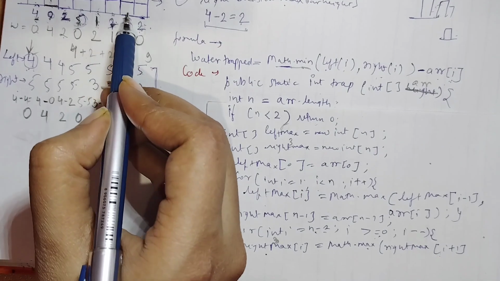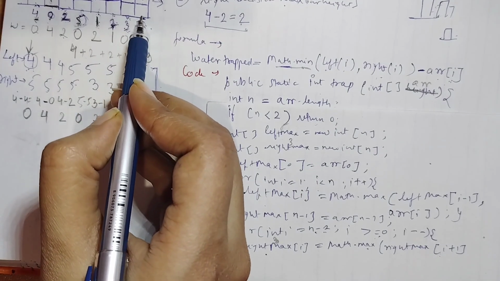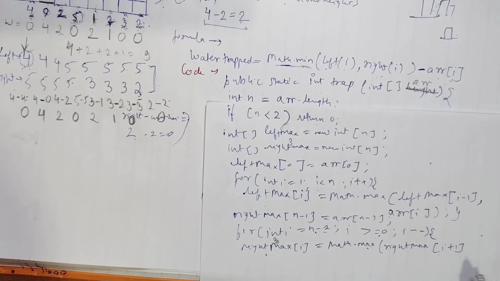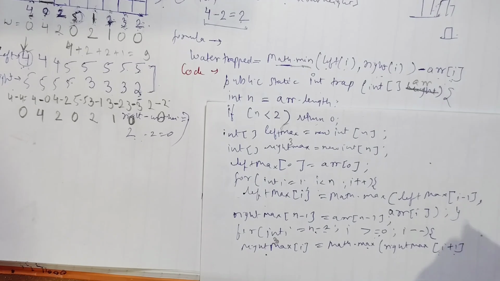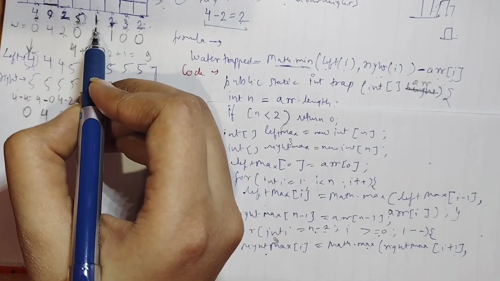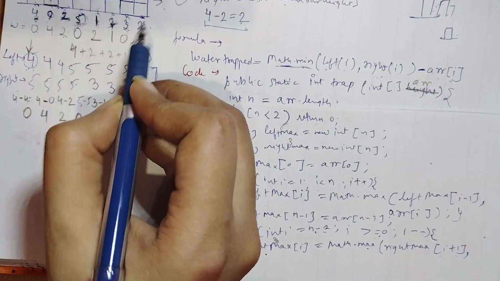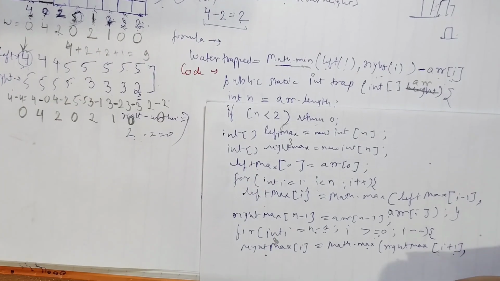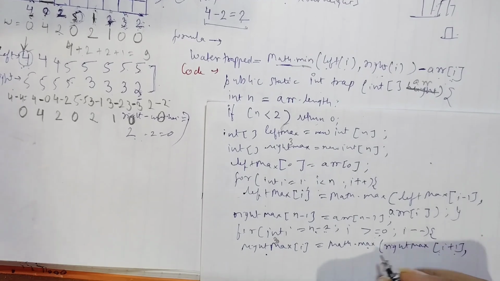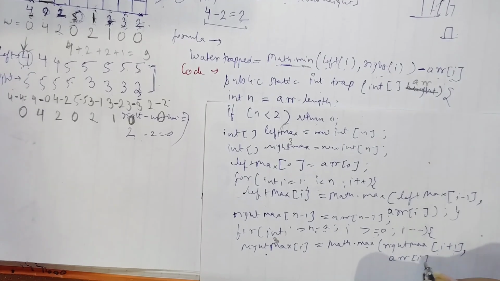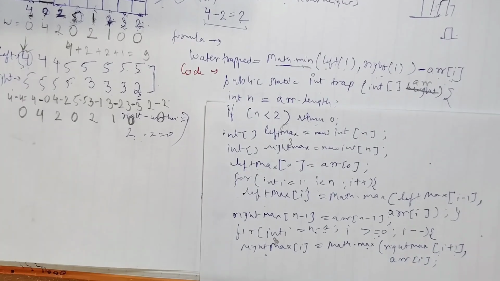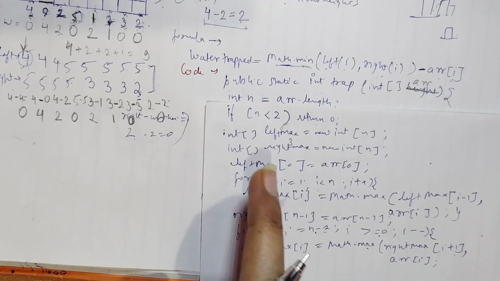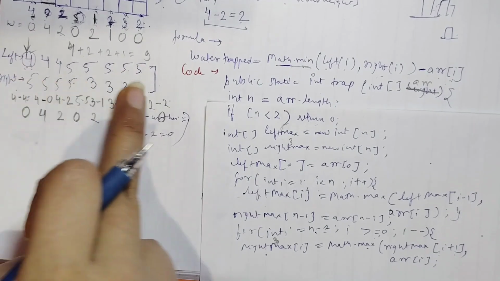Then it will compare with the next bar, then with the next bar. That's why we have written i plus 1. We have written only one value, that is right max. We have to write two values. The second will be our current value. We are comparing the current with the right hand side bars. So our current will be array of i.